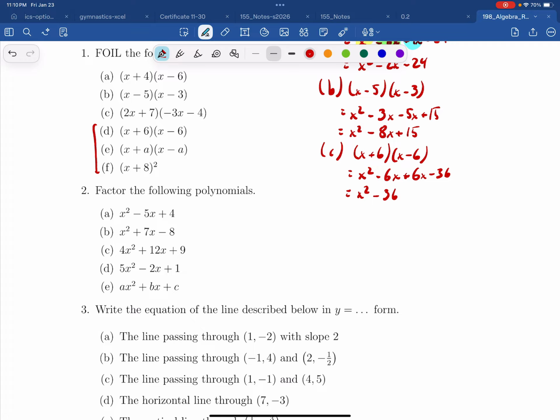So if we look at 2A, what we do is we need to look at the middle term and the last term, and we need to find two terms that add to the middle term but multiply to be the last term. Let me actually use different colored highlighters for that. So if you think for a sec, you realize negative 4 and negative 1 add up to be negative 5, but they multiply to be positive 4.